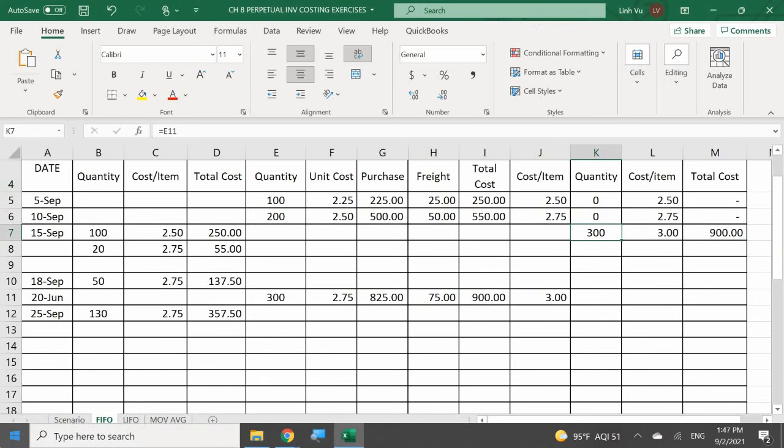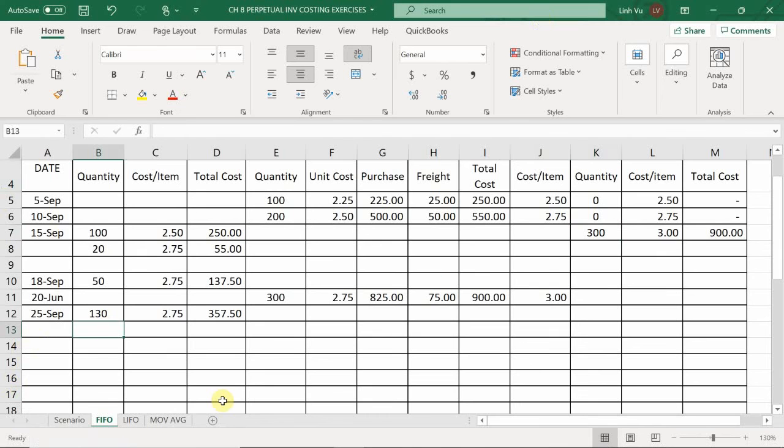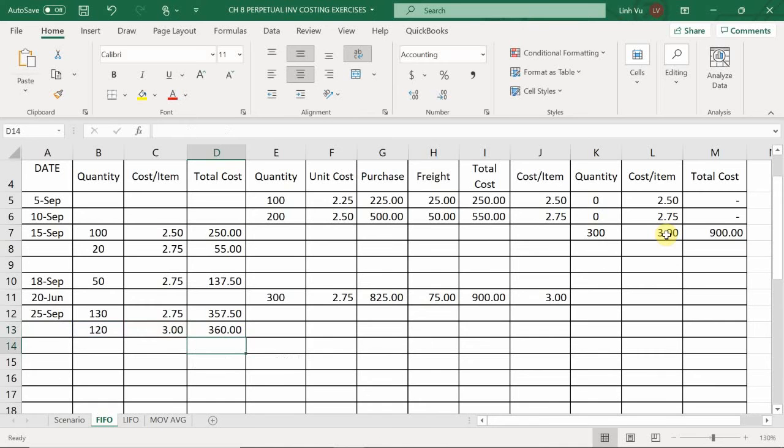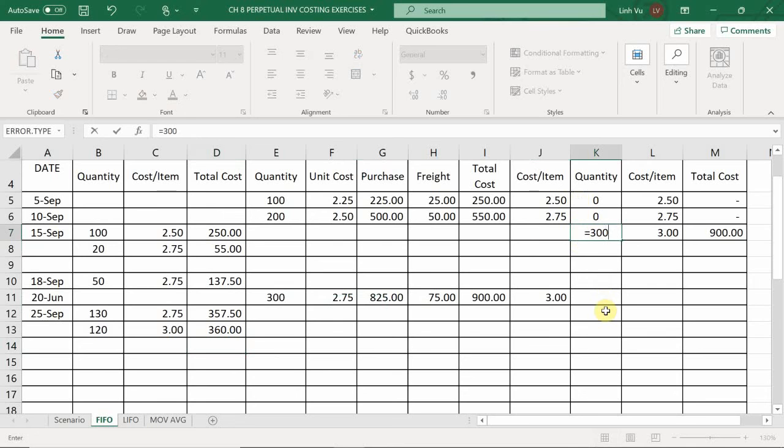How many more do we need to sell to get to a total of 250? Another 120. At what cost? $3. That should give us 360. Therefore we can update our inventory, because we no longer have 300 items; we sold 120 of them.